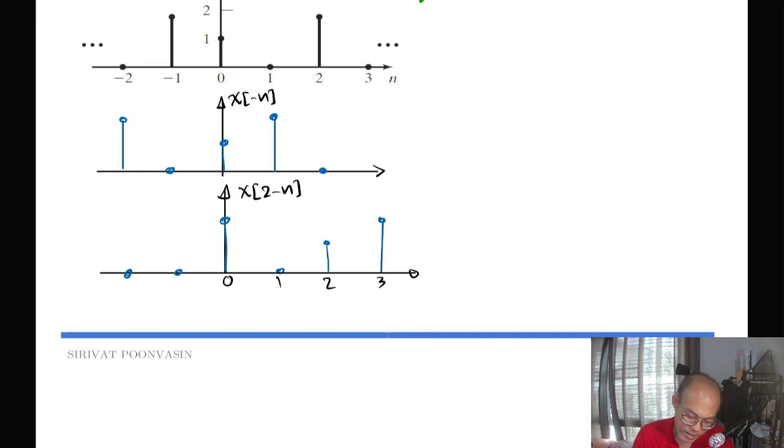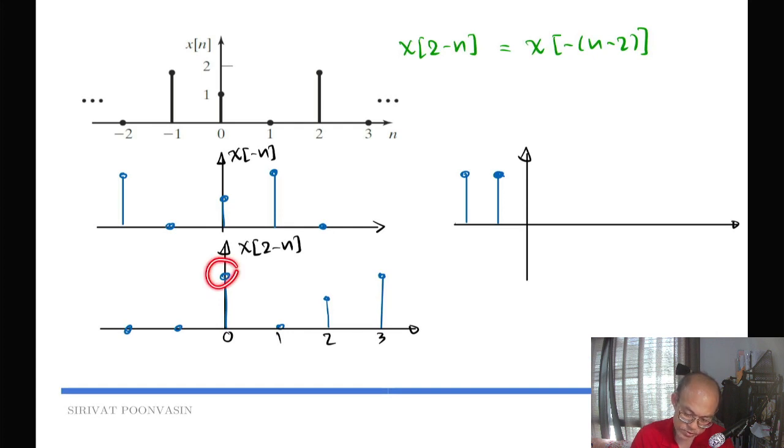So y would be here. Multiply by minus 2 and shift by 3 is 3. So we have 3. We also have 3 here. And this one is 2, right? This one's 2.